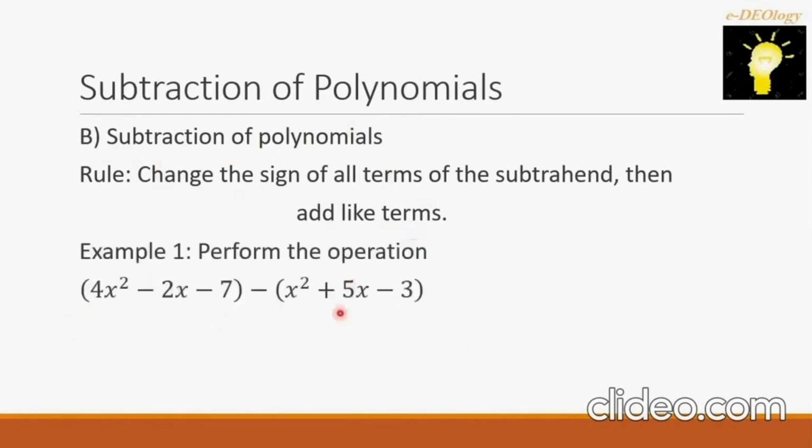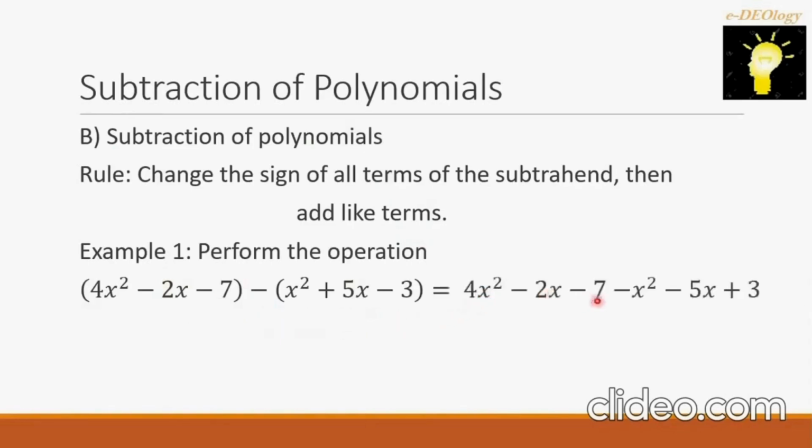We have two polynomials here. 4x squared minus 2x minus 7 is our first polynomial, minus the second polynomial, x squared plus 5x minus 3. So the second group is our subtrahend. We're going to remove the grouping symbol for all these two groups. And then for the second group, we're going to change the sign.